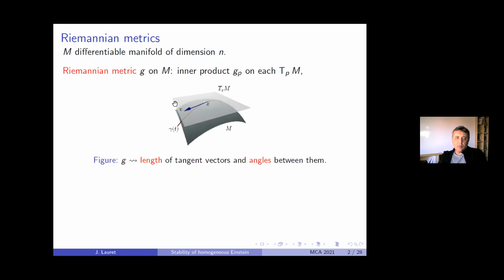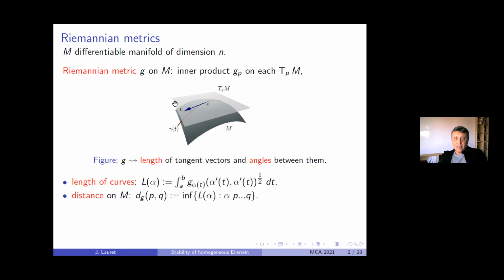And so you can measure the length of tangent vectors and angles, right? But it's amazing, all the other consequences of having this choice. You now know how to measure the length of curves, and so you automatically have a distance.